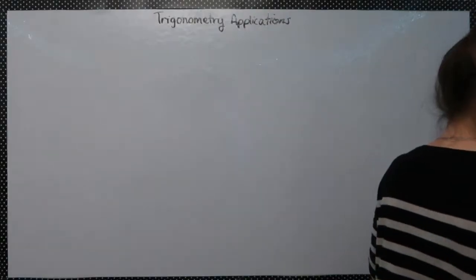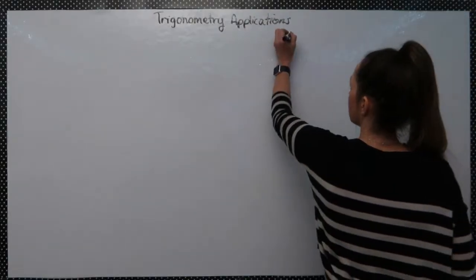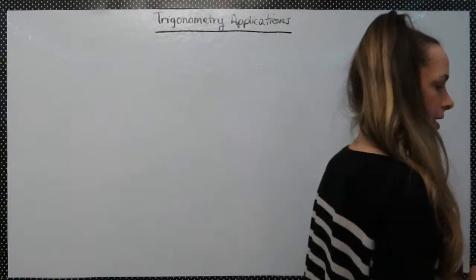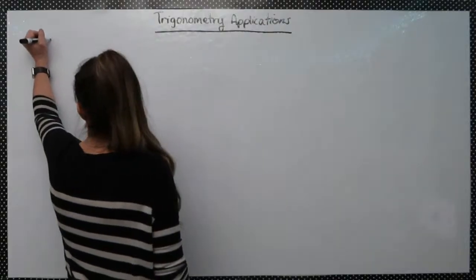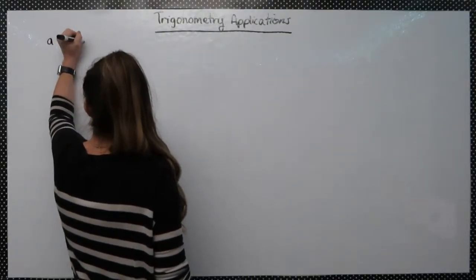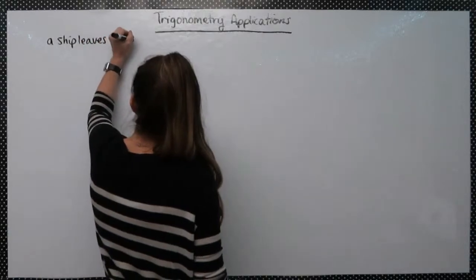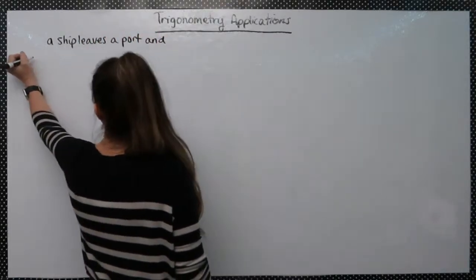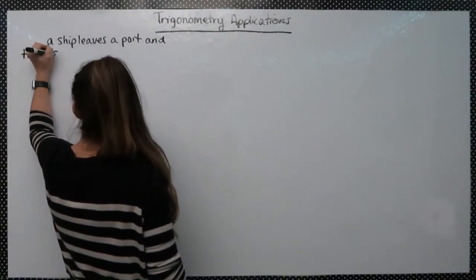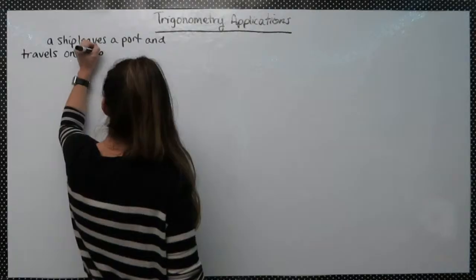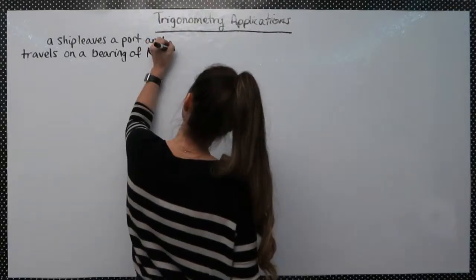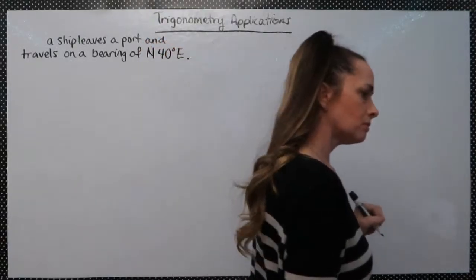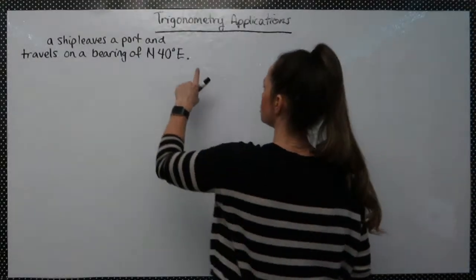Okay. All right, so in this problem, it's a bearing problem, and it says a ship leaves a port and travels on a bearing of north 40 degrees east for 11.2 miles.